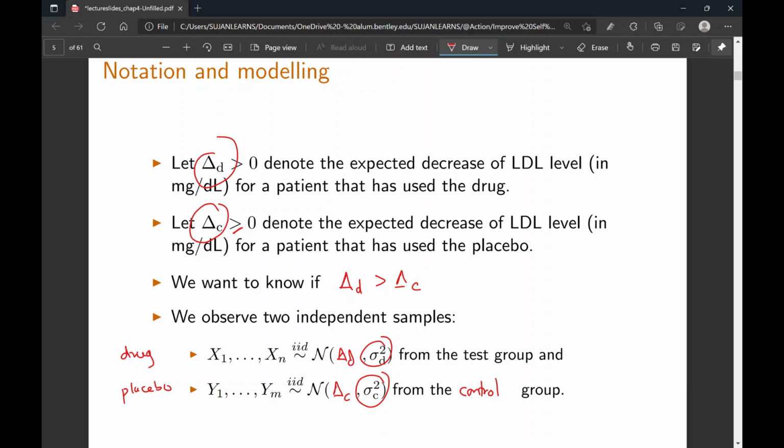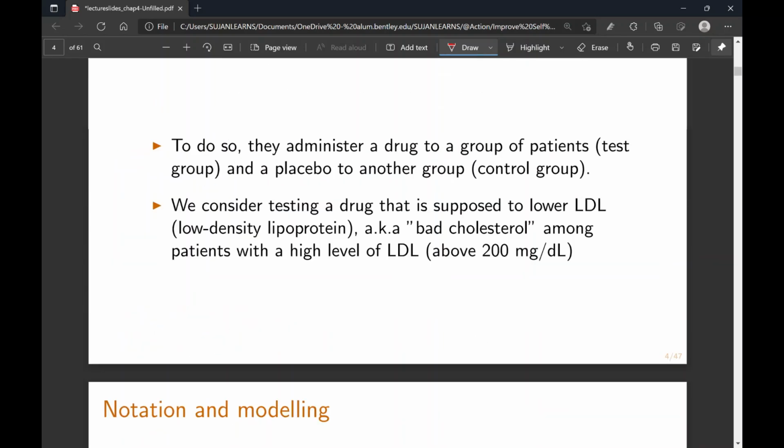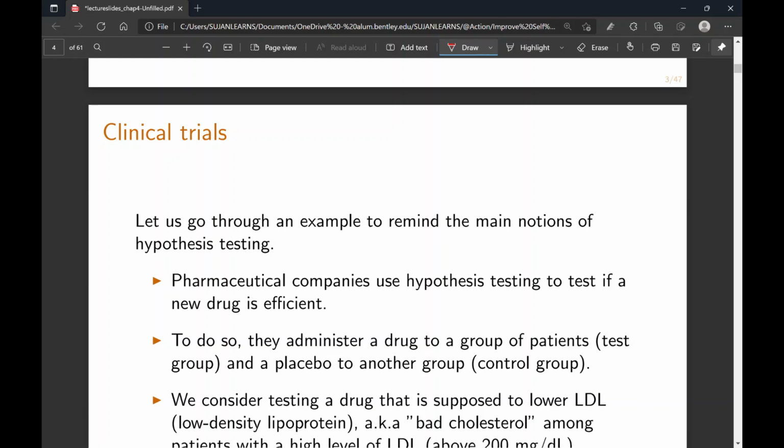In summary, we have created a notation and model for our test. In the end, let me quickly summarize what we discussed today. We talked about parameter-based hypothesis testing, and we took the example of clinical trials, where this is mostly prevalent. We took the example of a pharmaceutical company that wants to test whether their new drug is efficient at lowering LDL.